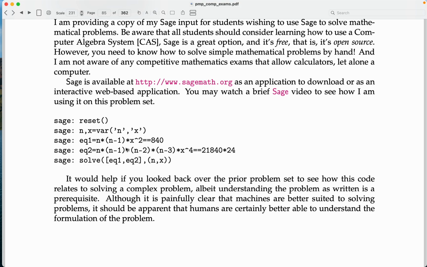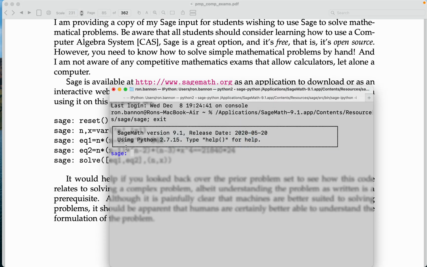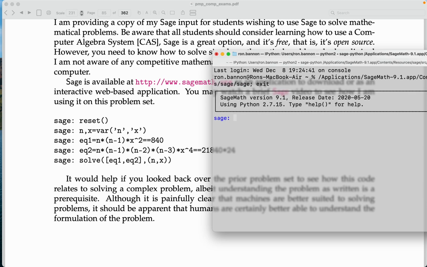All right. So let me just go to my Sage. We'll look back over the code and the notes in a second, but I'm just going to type it in and see what happens. All right. So reset, basically just giving me a clean sheet of paper, so to speak. I'm going to say n and x are variables. I can clearly see that. var.